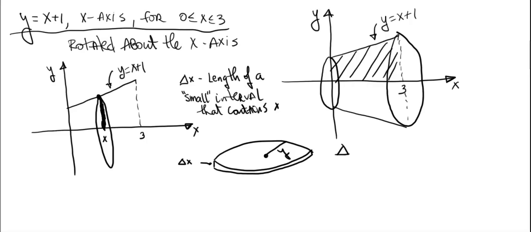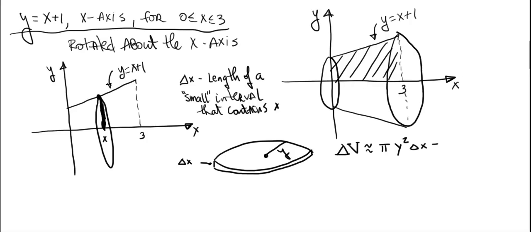Delta V is going to be the volume of the part of the solid that's taken up by this small pancake, one of the pancakes that makes up the solid. So delta V equals pi times the radius of the cylinder squared times the thickness, which is delta x.